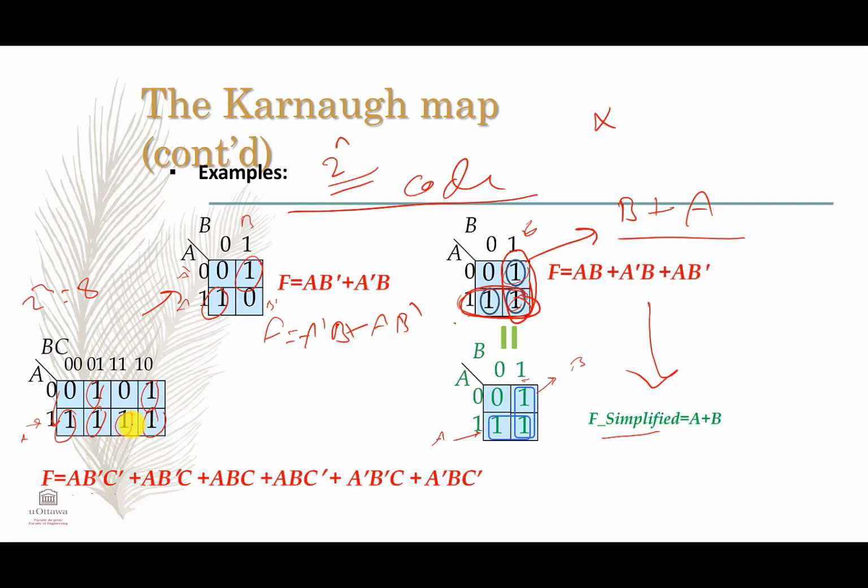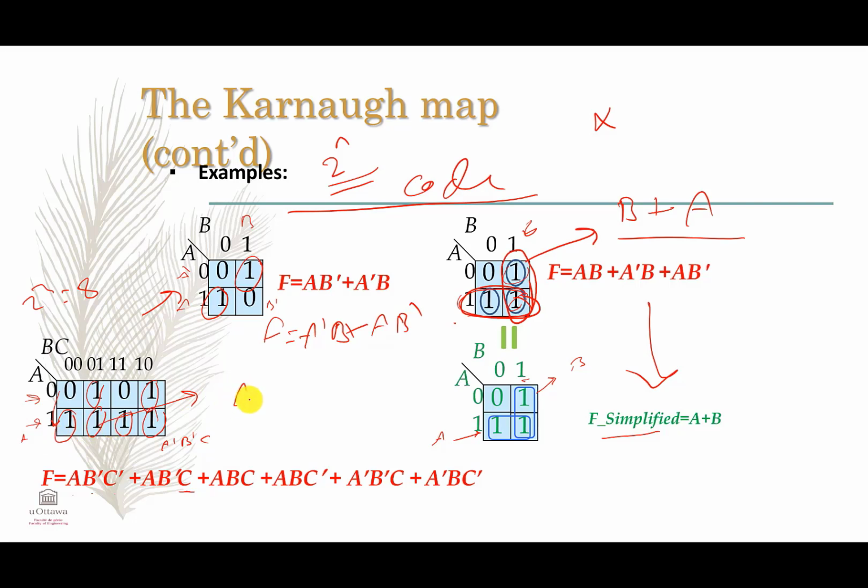Now, when it comes to this one, what's going to be the term? That will be A prime, because A is equal to 0, and B prime because B is equal to 0, and C, not the prime. So it's going to be A prime B prime C. And for this one, what will be the code for that?